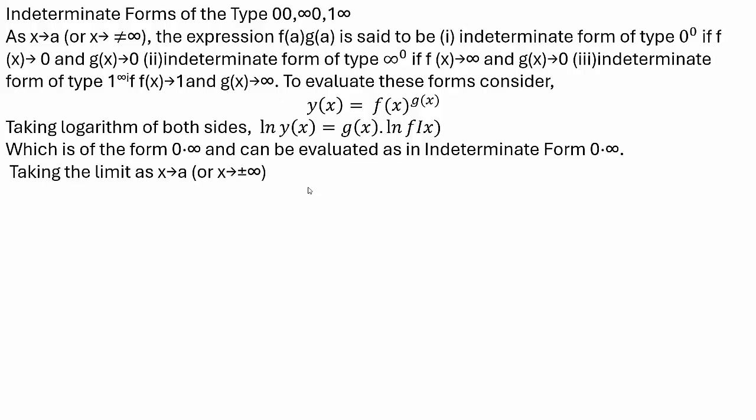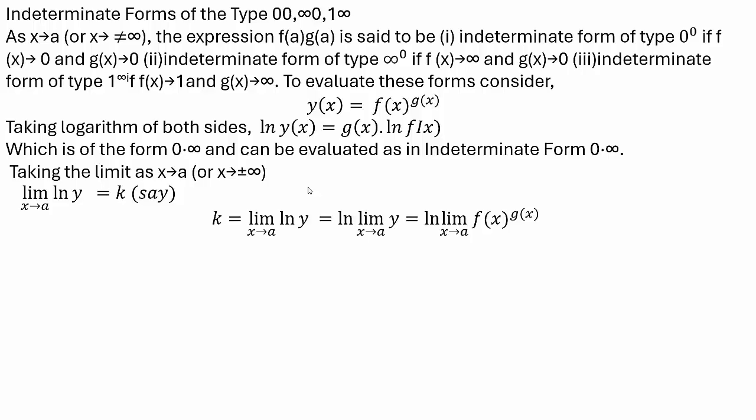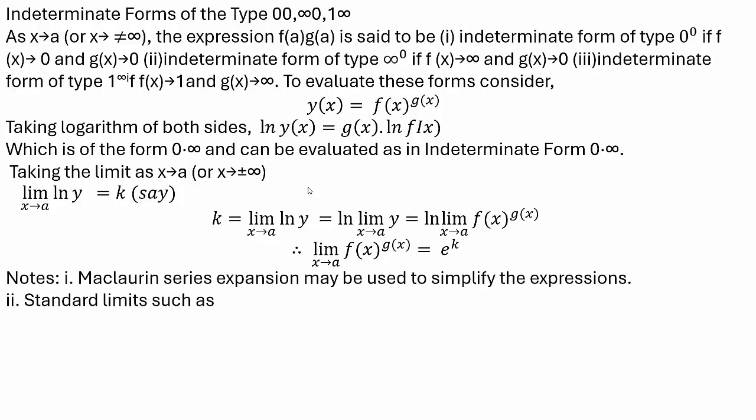Taking the limit as x tends to a, limit of ln y equals k, suppose, and k equals ln of the limit of y, which equals ln of the limit as x tends to a of f(x)^g(x). Therefore, limit as x tends to a of f(x)^g(x) equals e^k.